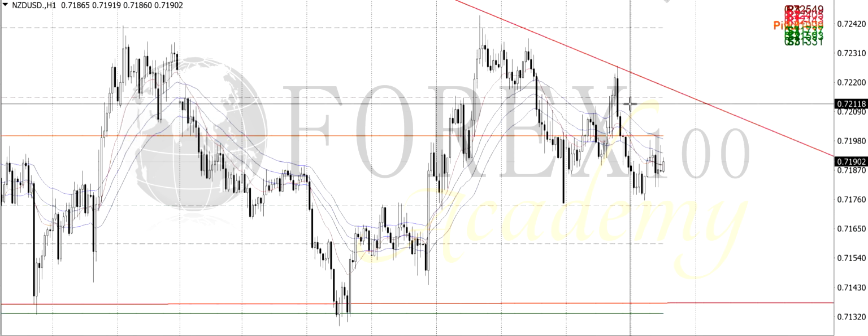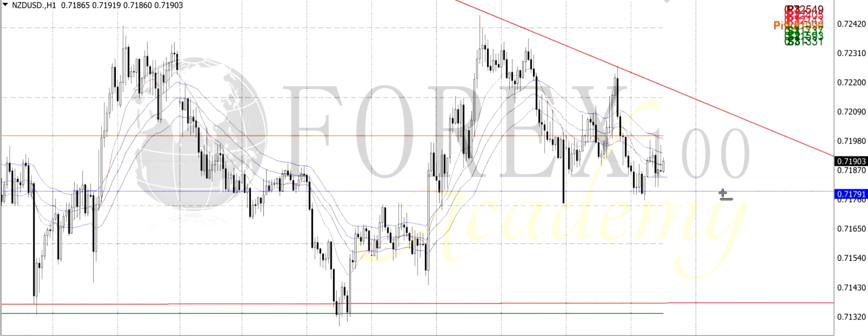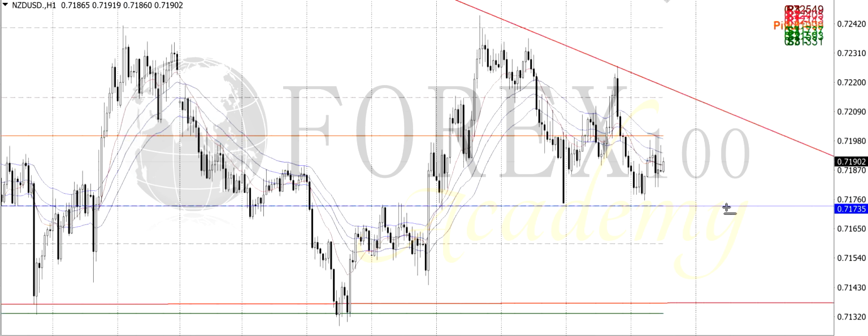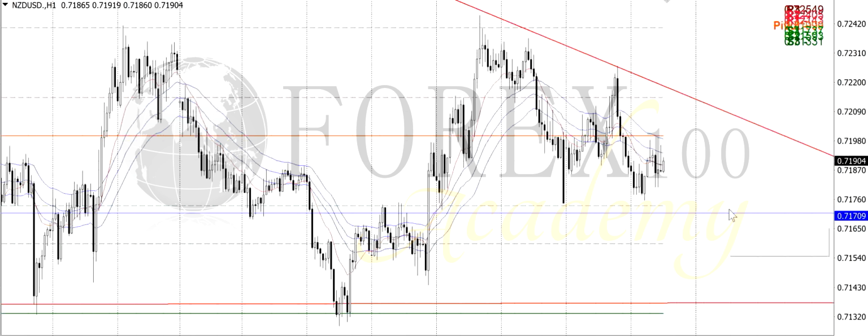Alright, target 1 will be at 0.7170. This will be my target 1, a total of 42 pips of profit. Target 2 is 0.7155, slightly below, around 57 pips of profit. And my final take profit level is at 0.7048.